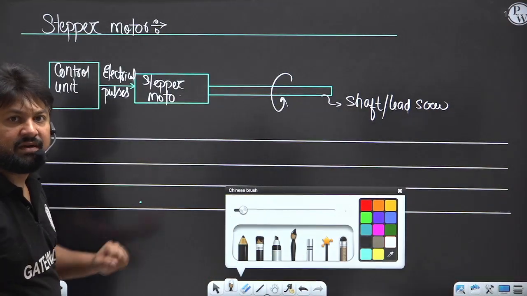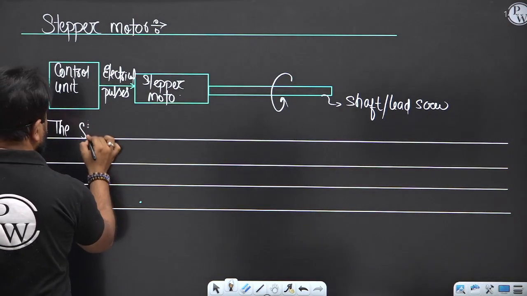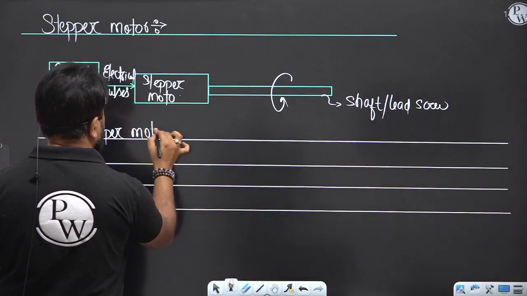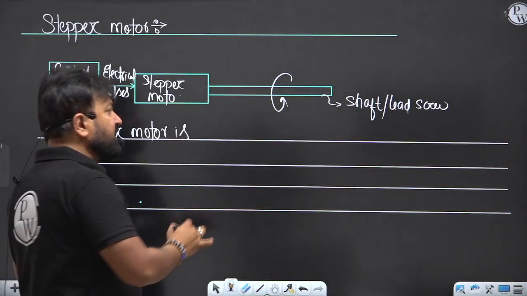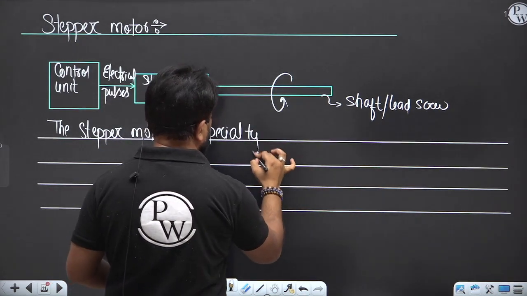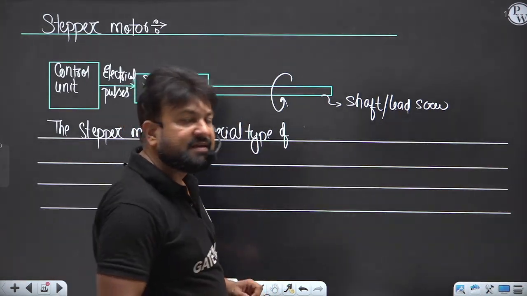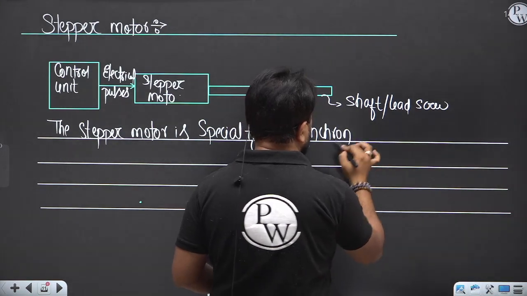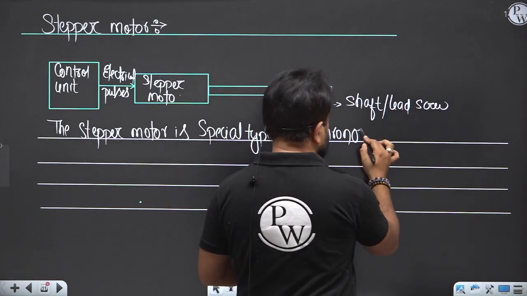The stepper motor is a special type of synchronized motor. Synchronized means a special type of winding.